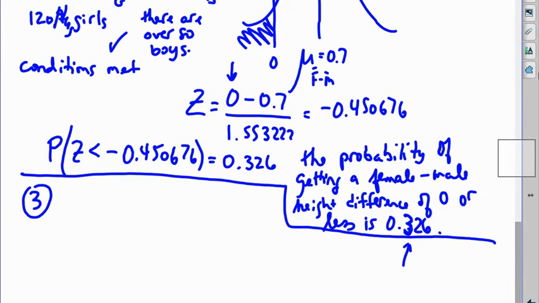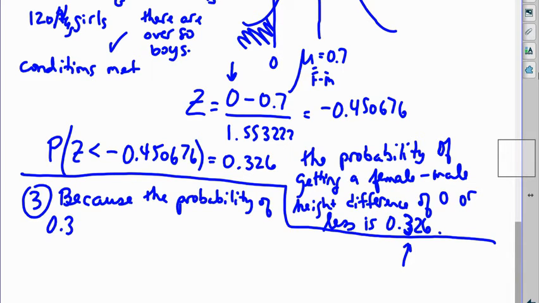That's not unusual, because the probability of 0.326 is greater than 0.05.